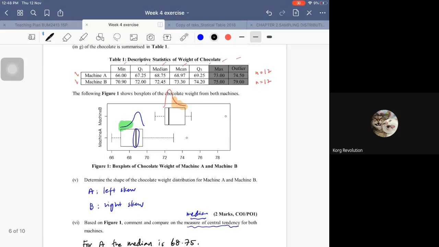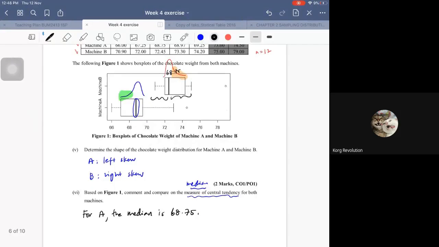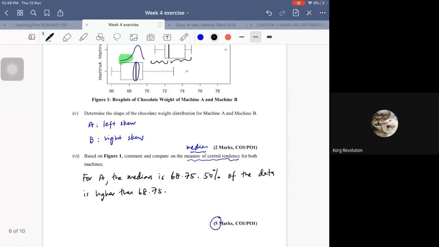It means this is 68.75, so this is going to be 50% of the data, and this is going to be another 50% of the data. So one way I can say it is that 50% of the data is higher than 68.75. Or you could also say that 50% of the data is lower than 68.75. Both are actually true.